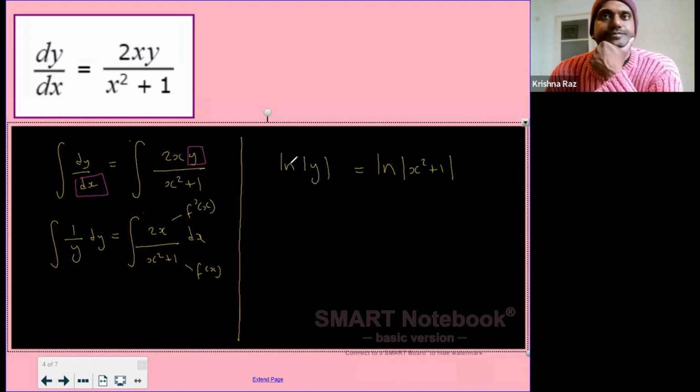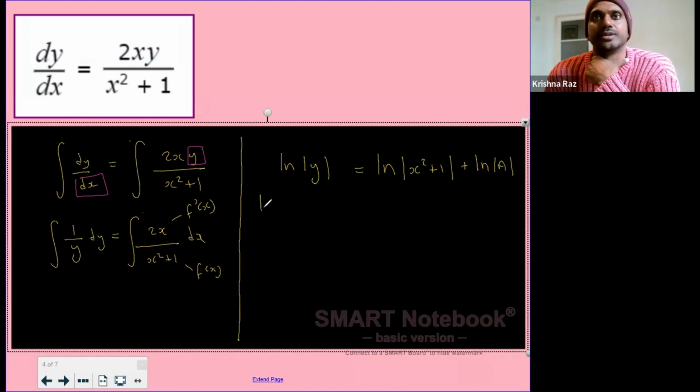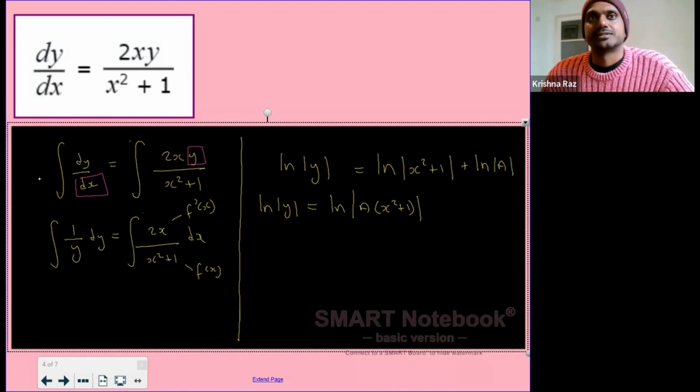Well, because our answer's in terms of ln, instead of putting c as my constant, I'm going to call it ln a. This way I can actually neaten it up a lot easier, because ln y must be equal to ln of a times x squared plus 1, since ln a plus ln b equals ln ab.